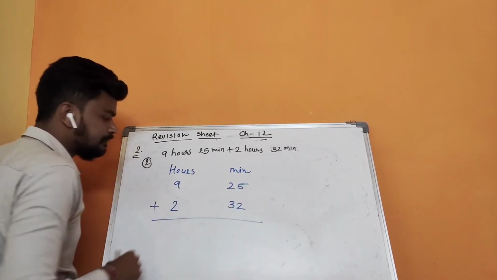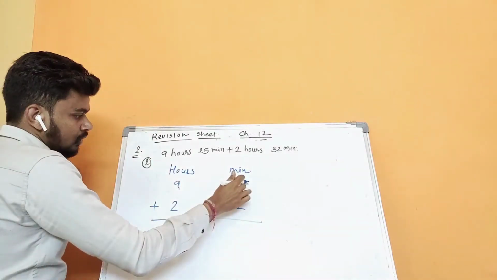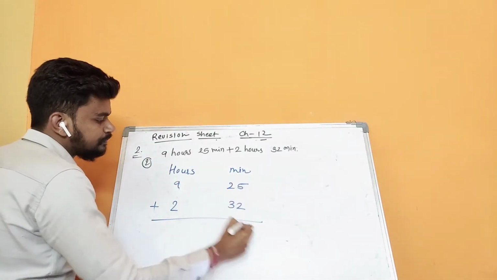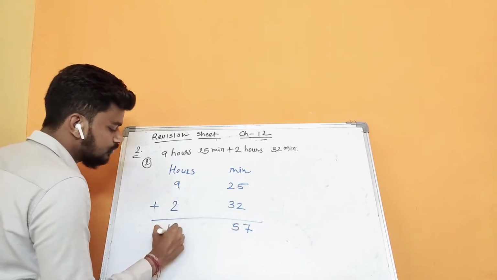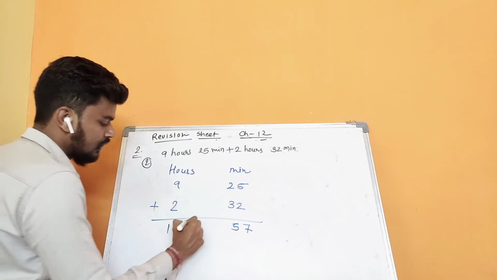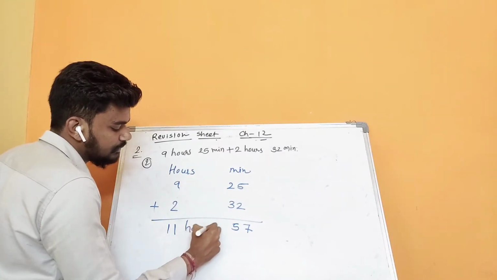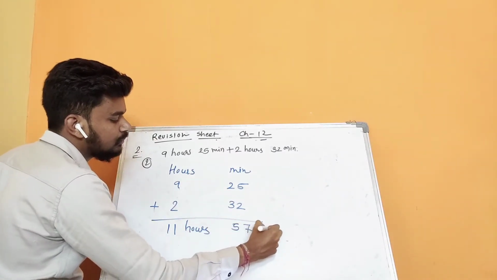Let's add them. 5 plus 2, 7. 2 plus 3, 5. 9 plus 2, 11. Easy one. Answer is 11 hours and 57 minutes.